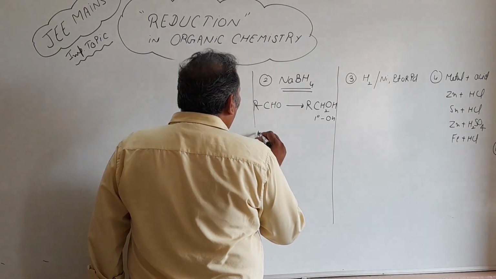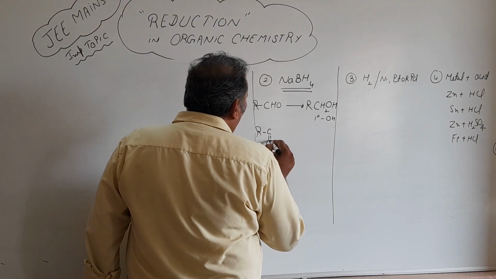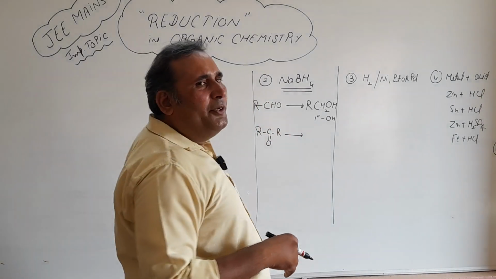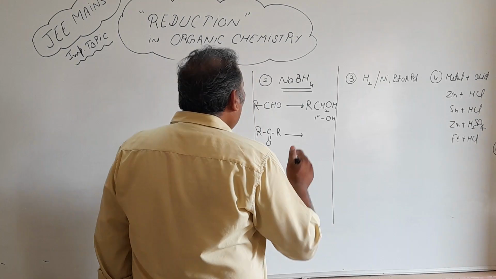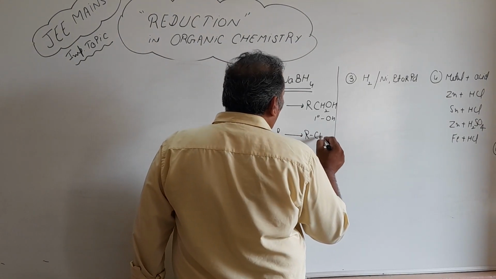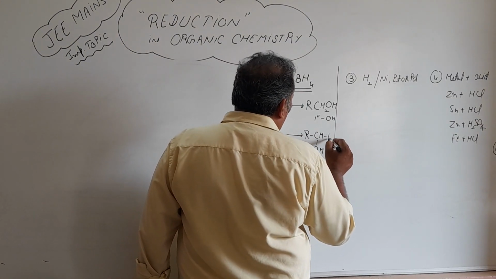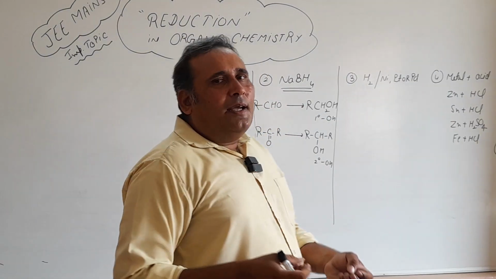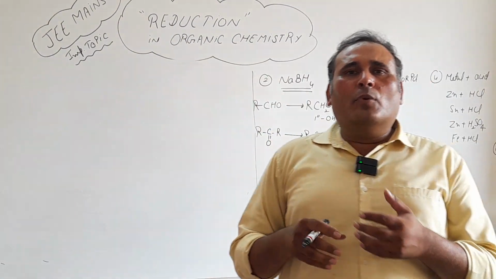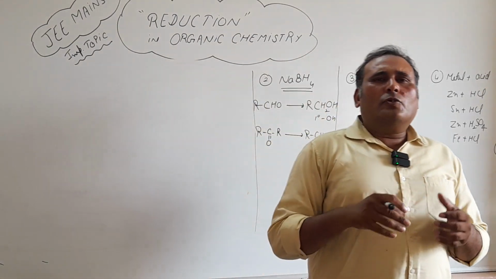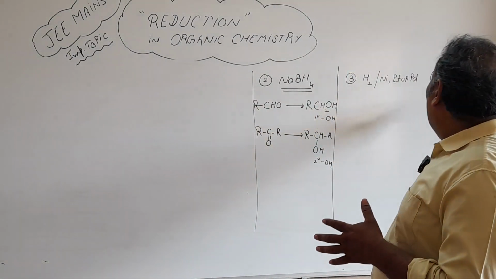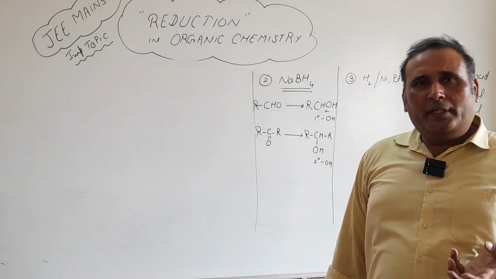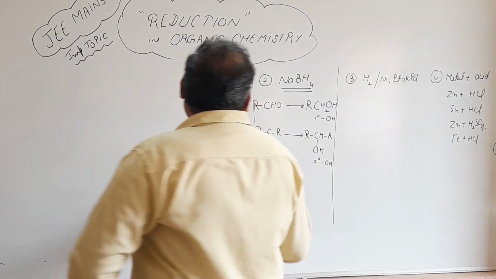If we are treating ketone, ketone can also be reduced using NaBH4. They are reduced into 2 degree alcohol. You can say aldehydes and ketones are more prone toward reduction, so almost all these reducing agents can reduce aldehydes and ketones into 1 degree or 2 degree alcohol.